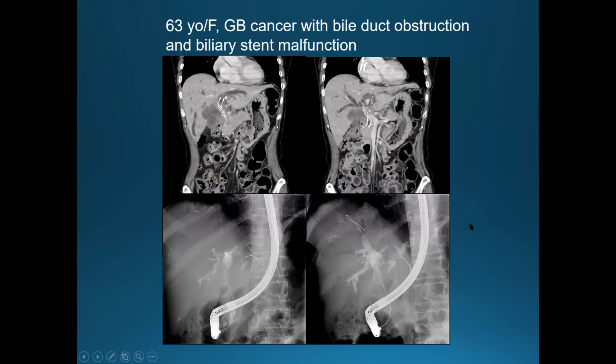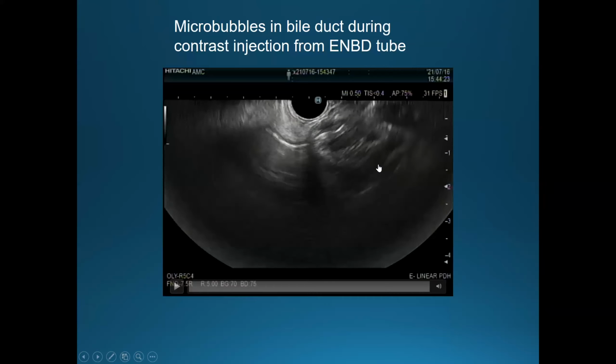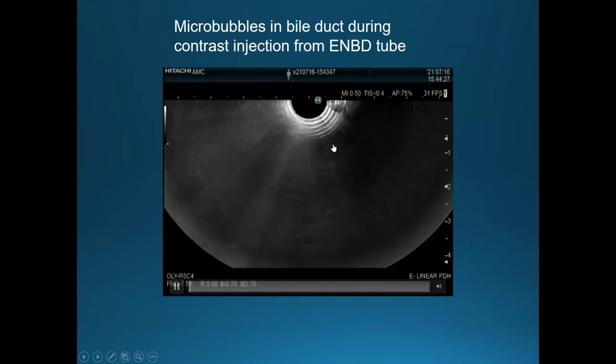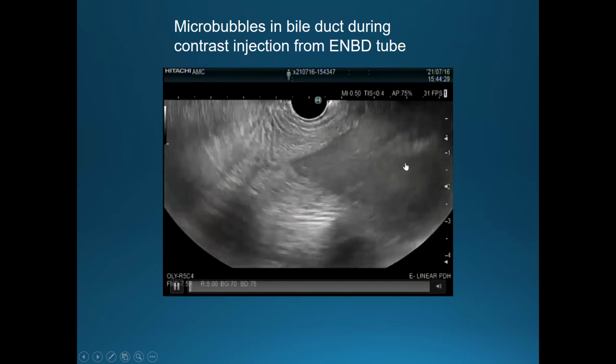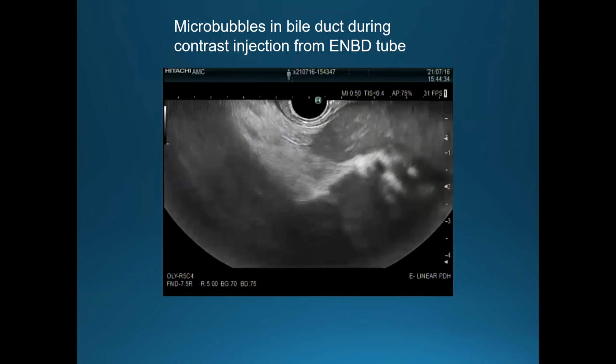For this patient, previously I performed EMBD, an EUS-guided drainage tube. Then we performed EMBD-assisted EUS-guided hepaticogastrostomy for the left side. As you can see, we performed EUS-guided HGS with EMBD assistance.